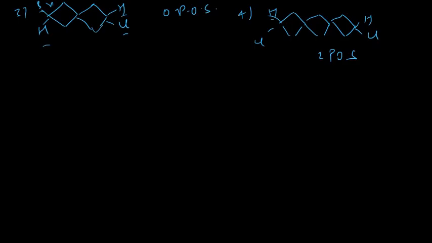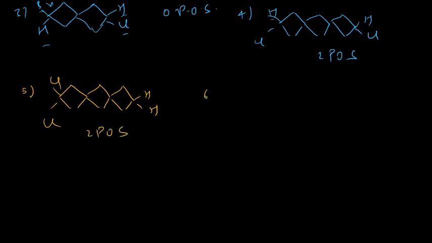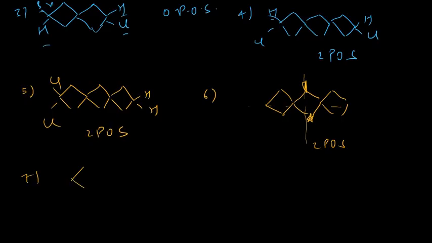Now next, fifth, we have hydrogen, then chlorine and chlorine. It has 2 POS. Sixth, we have two POS. One is passing through this plane and one is passing through this plane. Seventh, we have one POS.